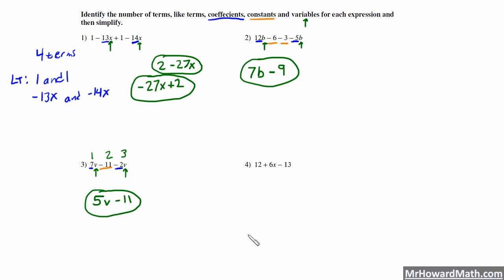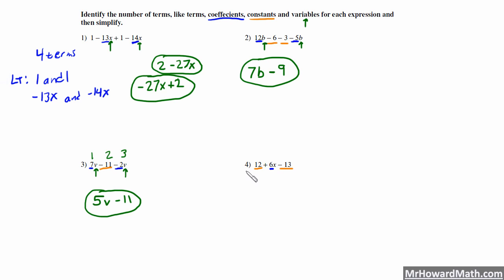Terms, 1, 2, 3. Like terms, we have 2 constants and we have 1 x term. Okay. Coefficients, underlined in blue, we just have 1 term with a coefficient, and that is positive 6. Constants, we have 12 and negative 13.